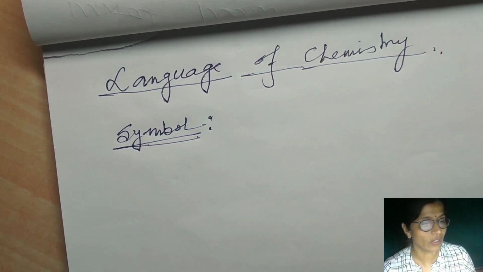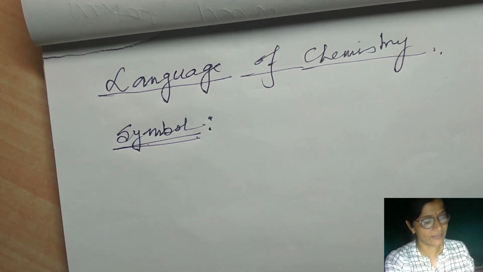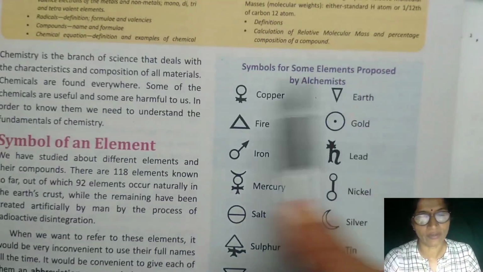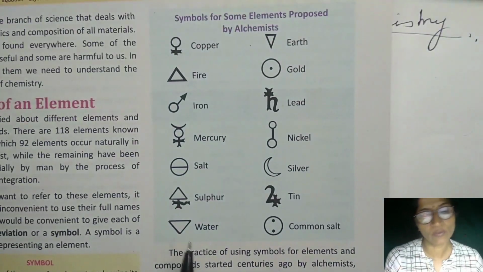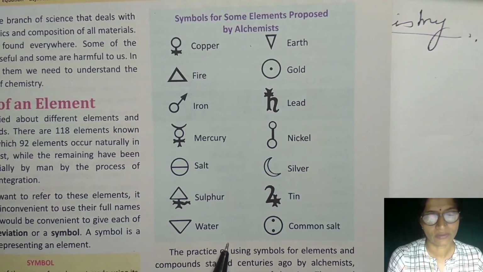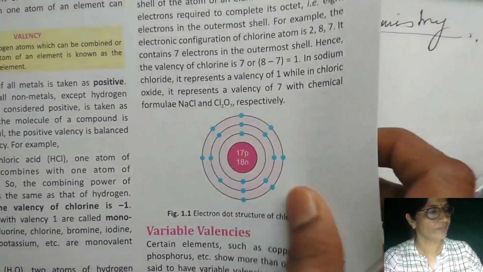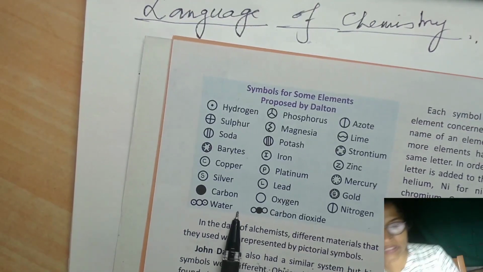Initially, long back, the alchemists represented all the elements in this way. Some figure-like structures had been given to the elements. After that, John Dalton gave these as the symbols for the elements.